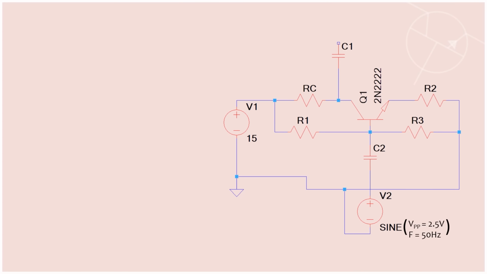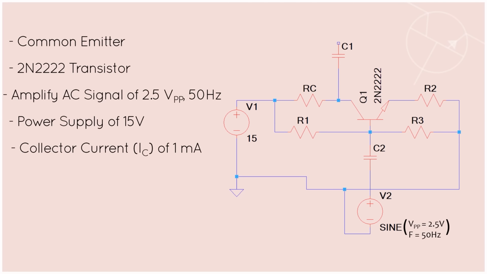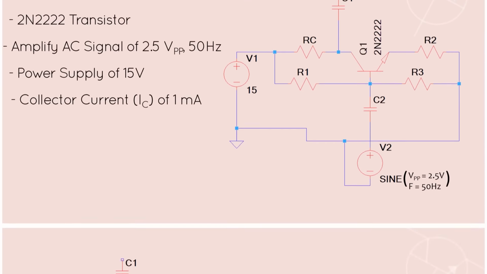So let's look at a practical example of how we can amplify an AC signal of 2.5 volts peak to peak, 50 Hz frequency. We are going to be using a power supply of 15 volts and we're hoping to pass a collector current of 1 milliamp using this circuit.